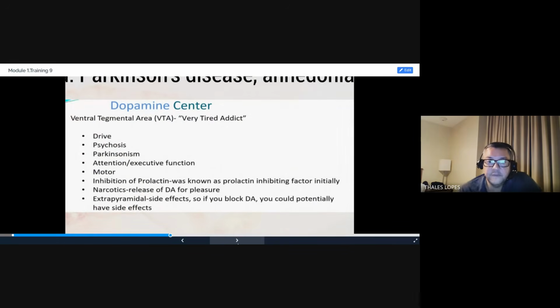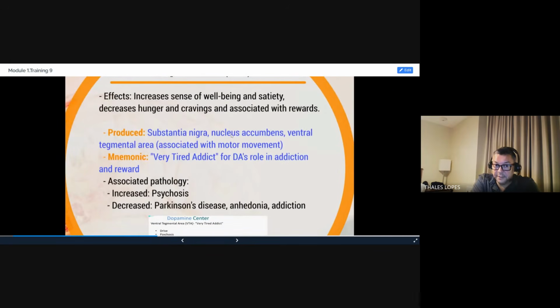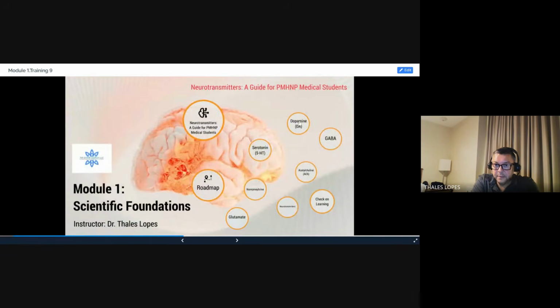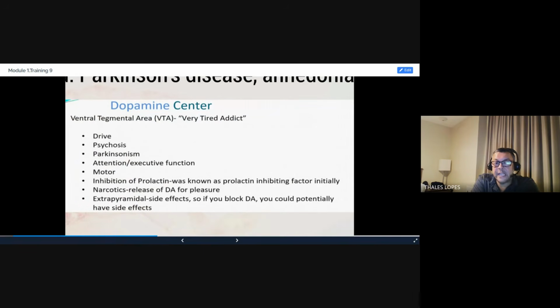So if you think of dopamine, where is it created? Mainly the VTA, but you need to know substantia nigra, nucleus accumbens, and VTA, which is the ventral tegmental area, right?